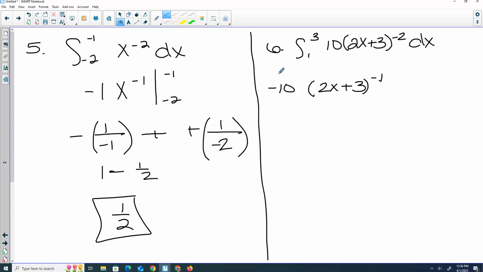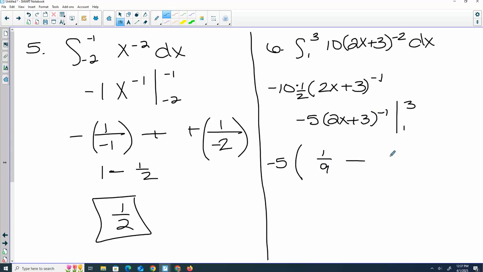So to cancel that, I have to multiply by 1/2. So we get a negative 5 times 2x plus 3 to the negative 1. I'm evaluating from 1 to 3. So you're welcome to just pull the negative 5 out if you want. If you put in a 3, 6 plus 3 is 9 to the negative 1, so 1/9. Minus, if you put in a 1, 2 plus 3 is 5 to the negative 1, so 1/5. And let's see, you could distribute negative 5 times 1/9 minus 1/5, which gives you 4.